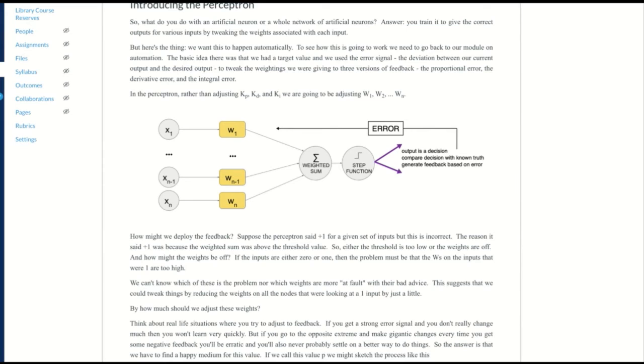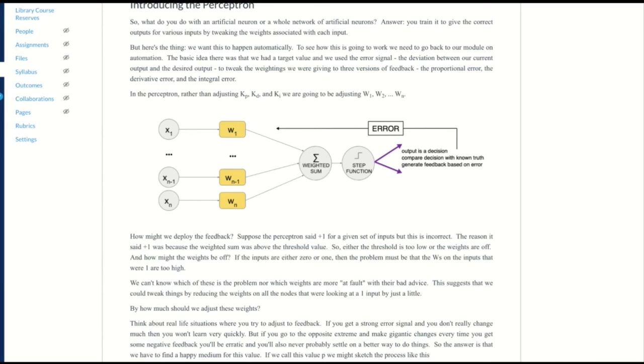Now let's go back, and I'm going to ask you, which w's should I increase? And just go with your gut. Yeah, the ones that come up with the 1. Yes, right. So anybody who had a 1 input, you might sort of say, I'm going to increase those guys.